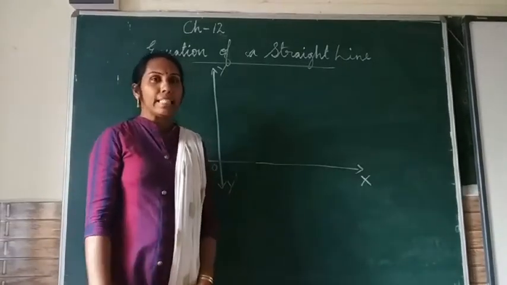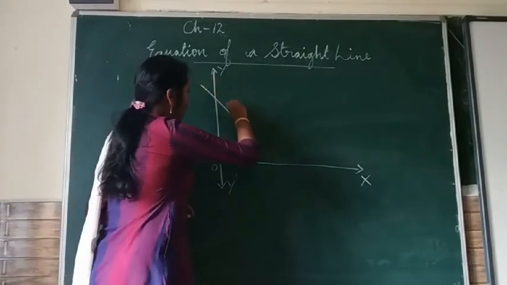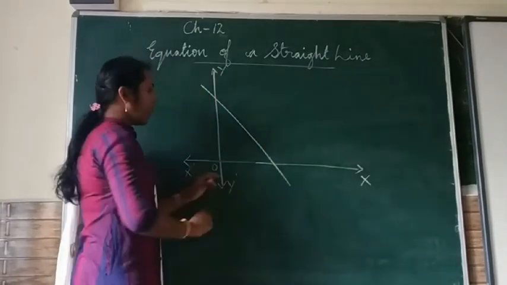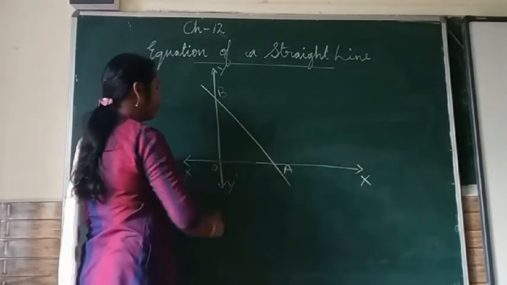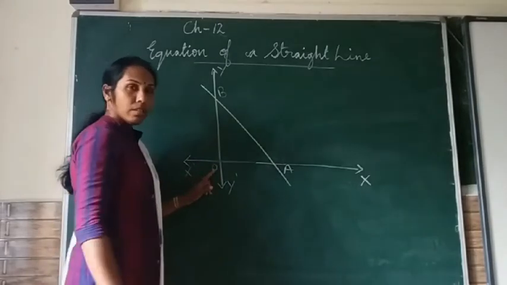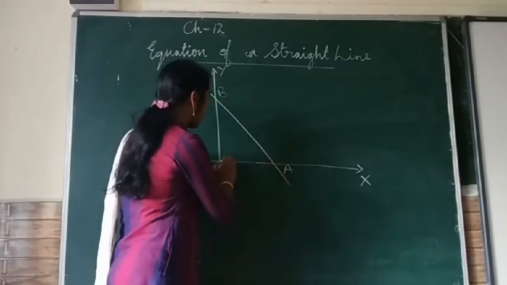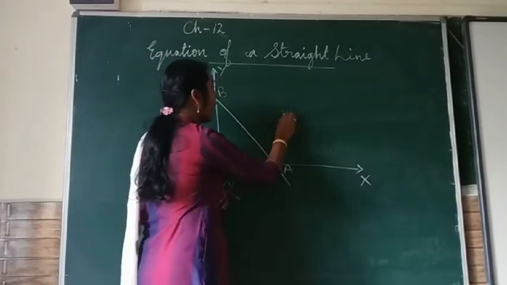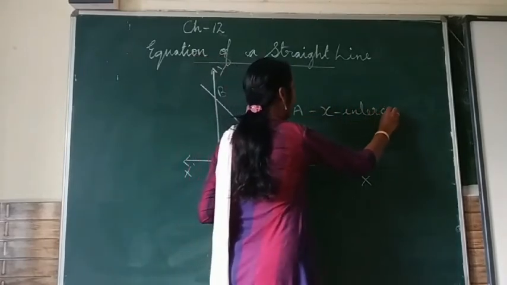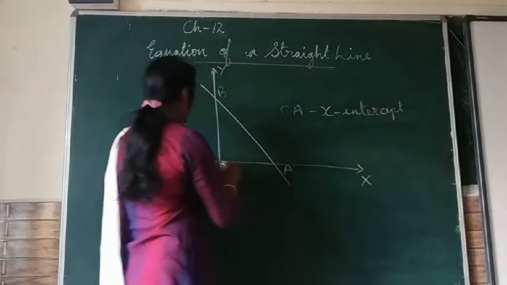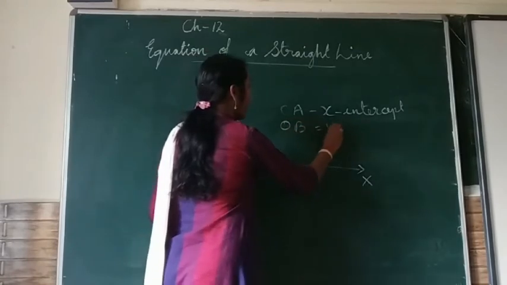Now let us see what are intercepts. If a straight line meets x-axis at A and y-axis at B, the origin is represented by O. The distance OA is known as the x-intercept, and the distance OB is known as the y-intercept.